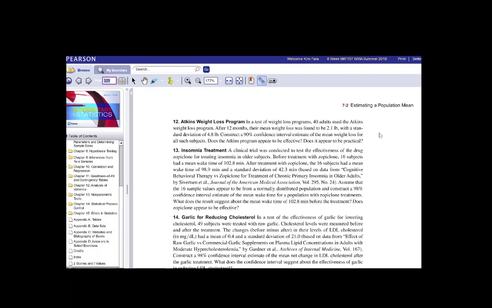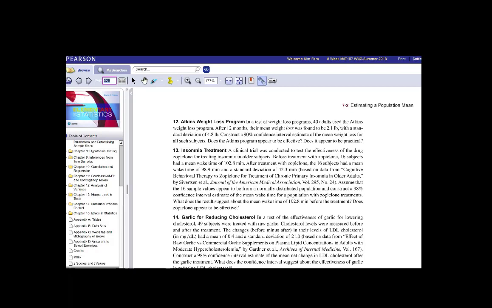Construct a 90% confidence interval estimate for the mean weight loss for all subjects. Does Atkins program appear to be effective? Does it appear to be practical? So let's look at this, and we're going to use our estimate to analyze this.